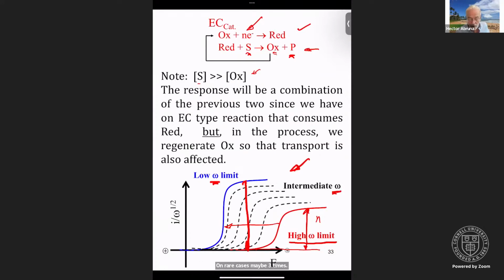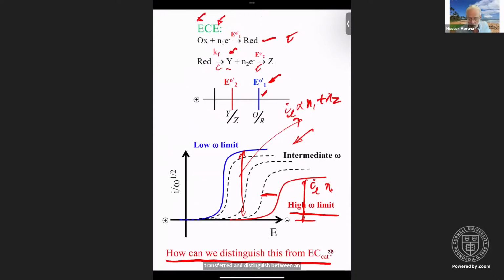In this case, however, if we have a very fast turnover of red with the substrate, the limiting current here can be 100 times N. And so by looking at the relative magnitudes of the normalized current at high and low omega, we can actually discern how many electrons were transferred and distinguish between an EC catalytic and an ECE process, as mentioned here. Okay.